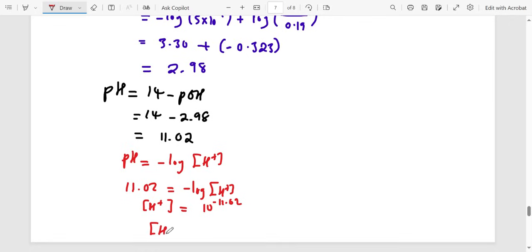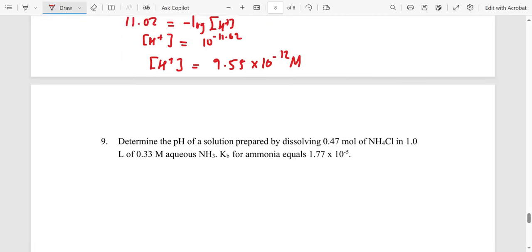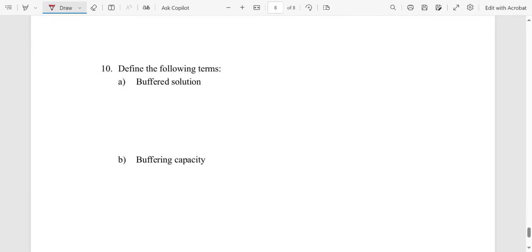Therefore, the concentration of hydrogen at equilibrium, 10 to the power negative 11.02, is going to be 9.55 times 10 to the power negative 12 molar. That is how you calculate the concentration. I hope that is okay.